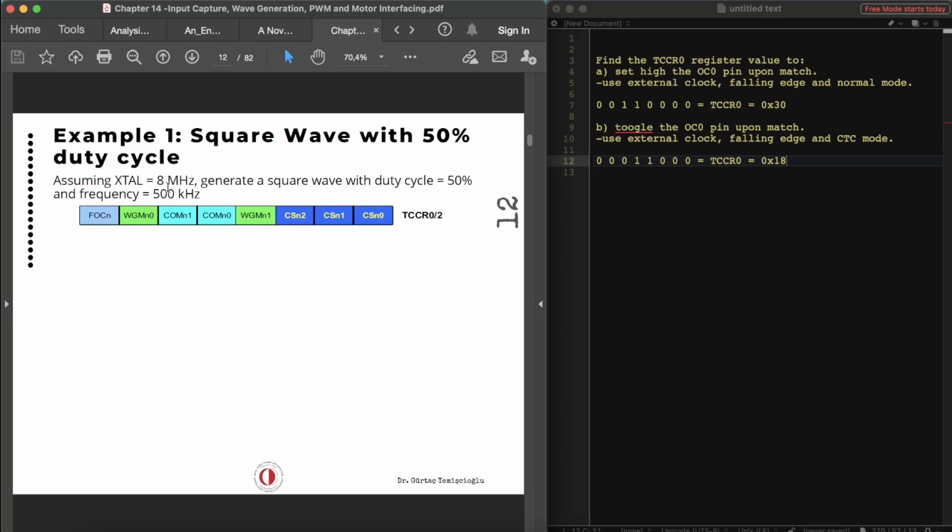Now that means we have to rearrange this formula so that we can find n(OCR plus 1). So n(OCR0 plus 1) is going to be equal to 8 megahertz divided by 2 times 500 kilohertz, which is 1 megahertz.